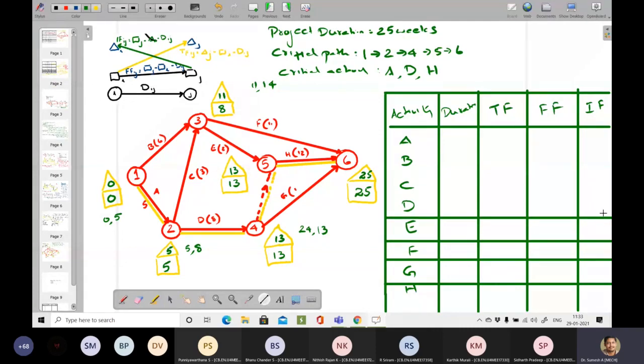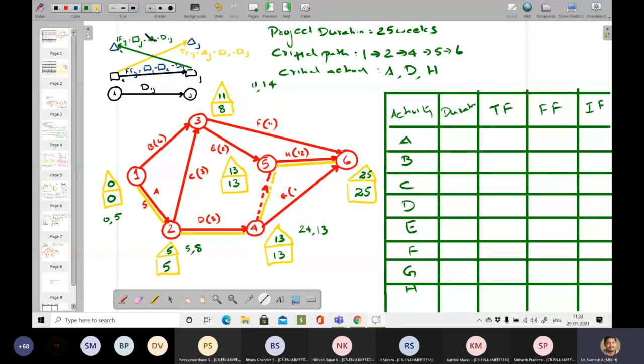Duration of the activities will be A is 5, B is 6, C is 3, D is 8, E is 2, F is 11, G is 1, and H is 12.